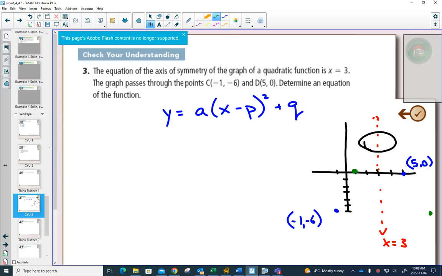Now, if our vertex is up on the top, and I don't know where it is yet, I'll just do it in purple temporarily. Do you see that you know the x-coordinate of that vertex has to be 3? So we can go back and write it in words.